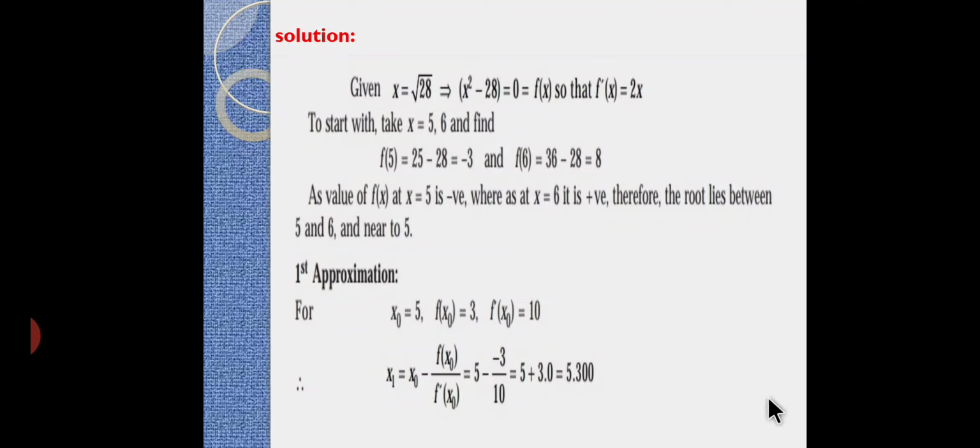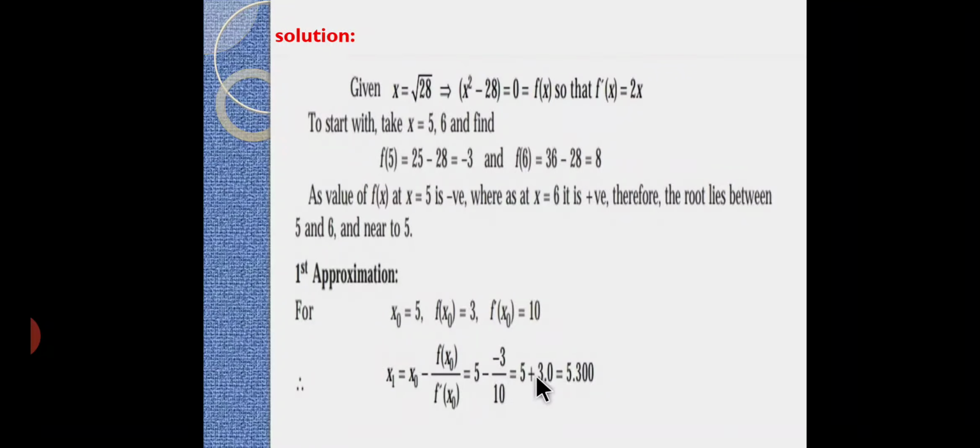Let us take the initial value x naught is equal to 5. So f of x naught at 5 is minus 3, and also we find f dash of x naught is equal to 10.